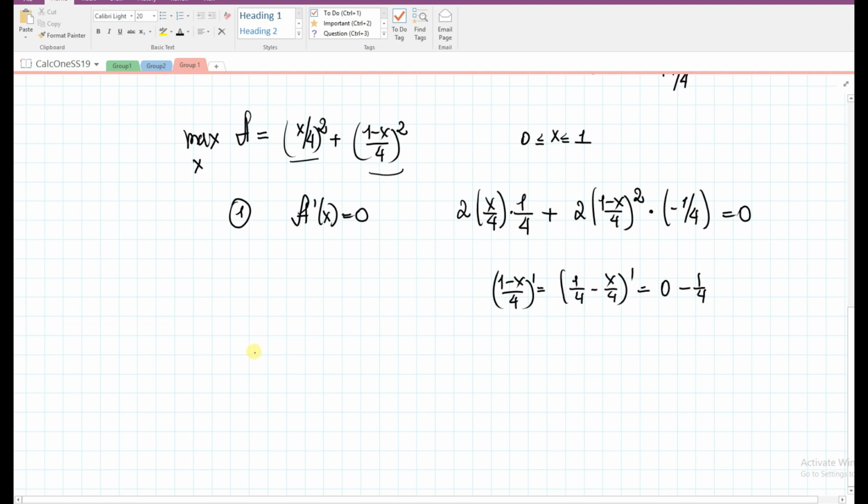So we've got the result: 2 over 16 multiplied by x plus 2 over 16 x minus 1, right, is equal to 0.